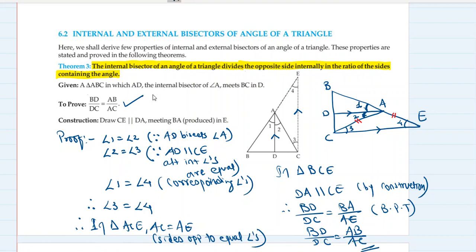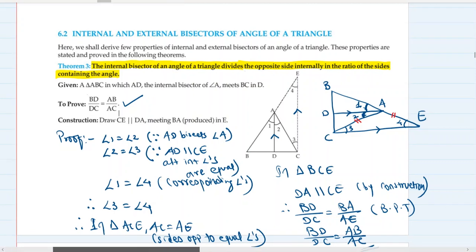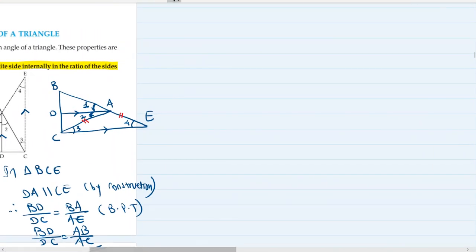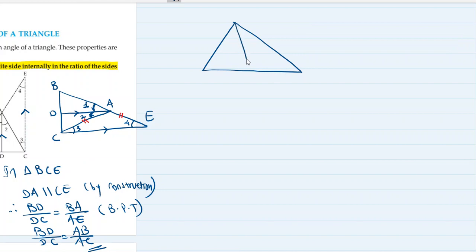Angle bisector theorem says that in a triangle, again I am telling you, don't be confused when you have to actually use it. Suppose this is your triangle, and in your triangle, suppose you have this angle bisector. Let me name your triangle as PQR, and PS is the angle bisector.